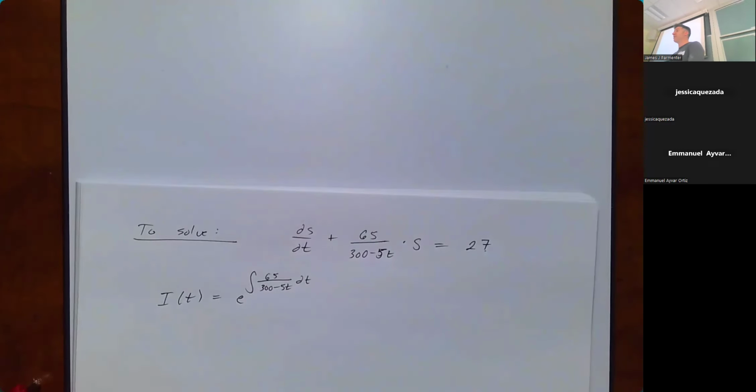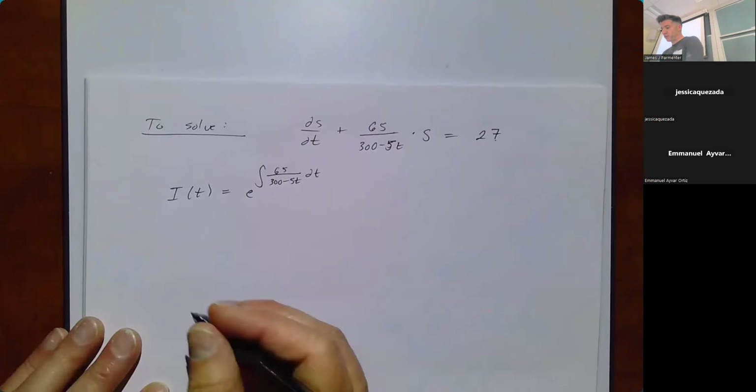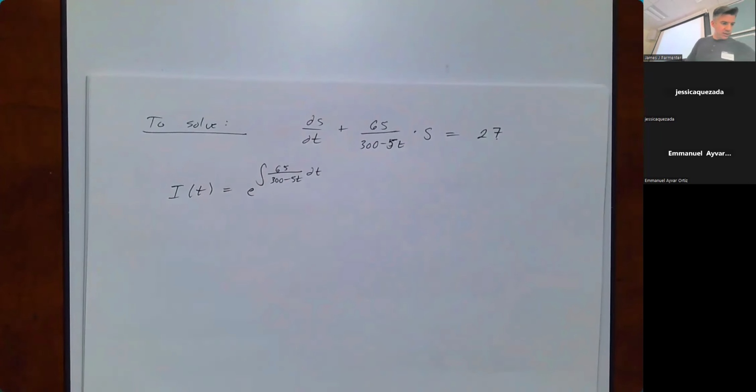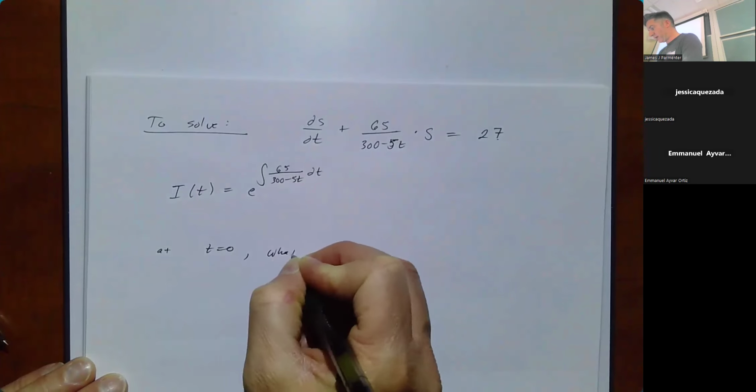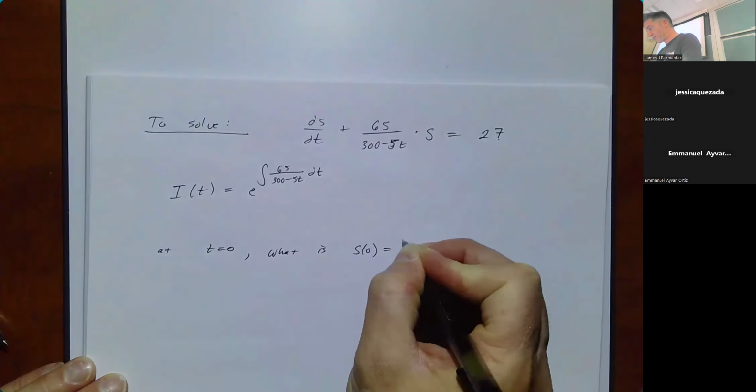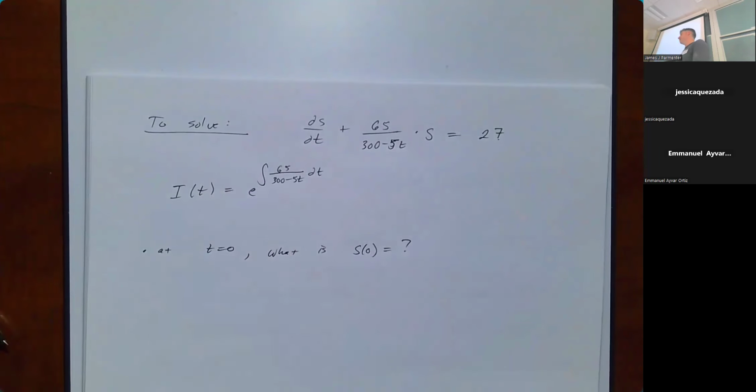I will point out 2 other things that are asked here. They ask us at t equals 0, what is s of 0? This question is really just making sure that you understand the difference between what s represents and what we're being told. We're told that the initial concentration of the tank is 0.3 kilograms per liter, and that the tank initially holds 300 liters of solution.